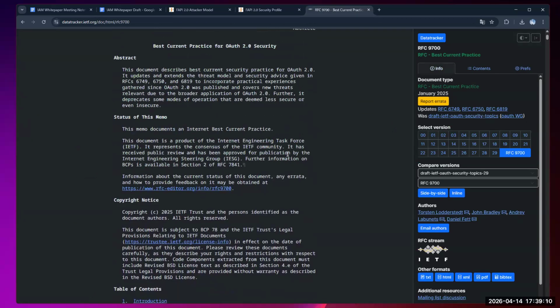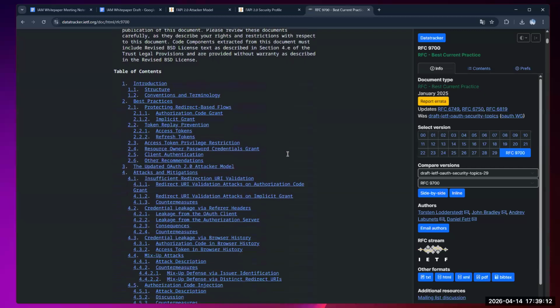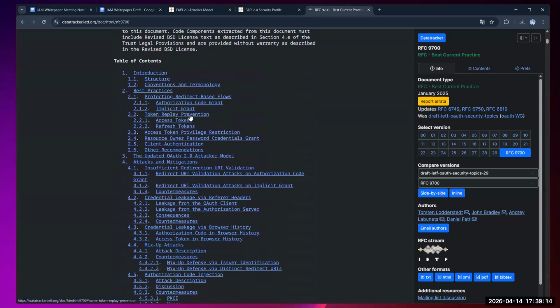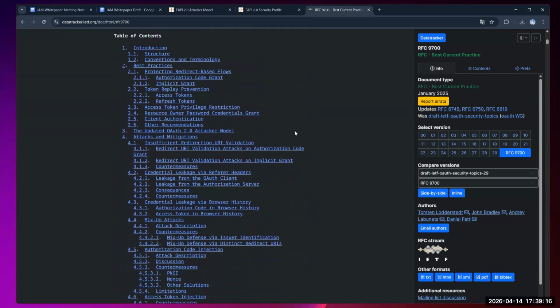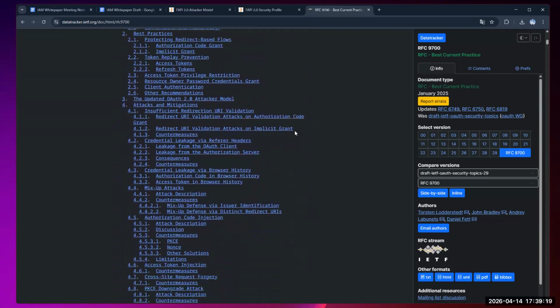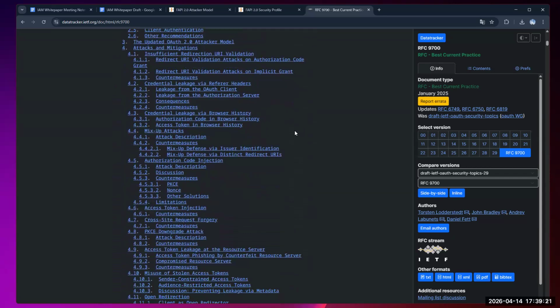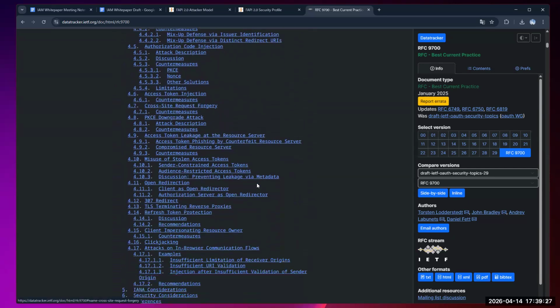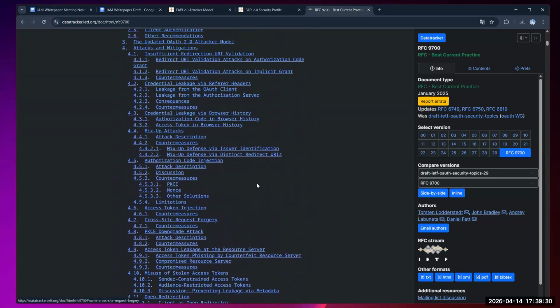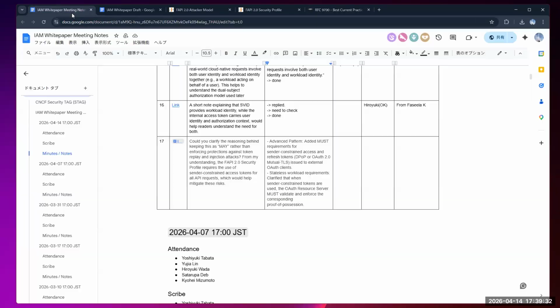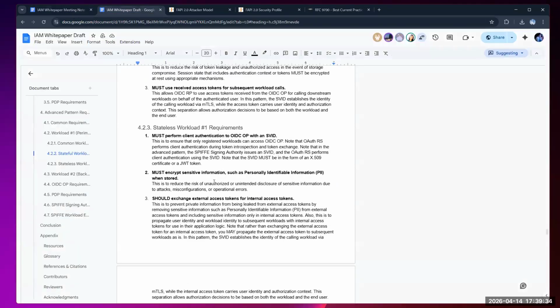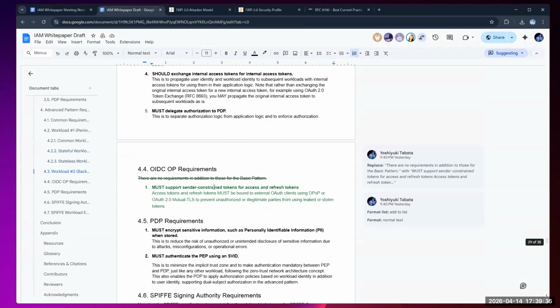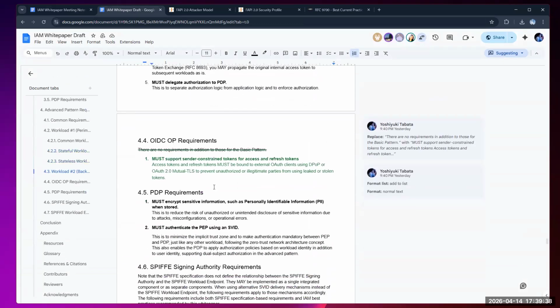Yeah. Also, I agree with adding sender constraint because currently it's in the best practice RFC. I'm okay, but currently we don't mention FAPI 2 support. Right. And also, my suggestion is not including the FAPI 2.0 expression.